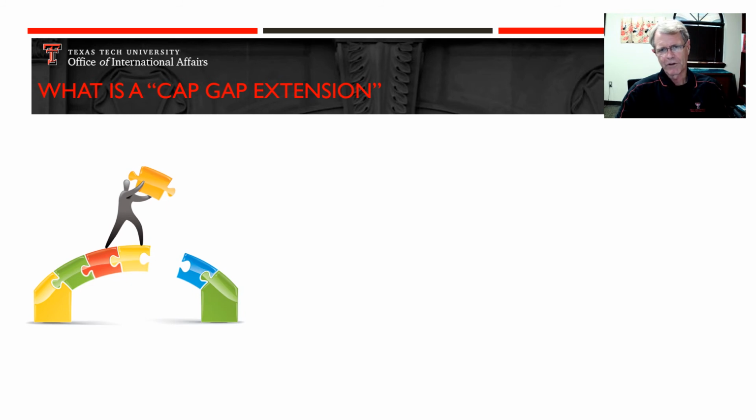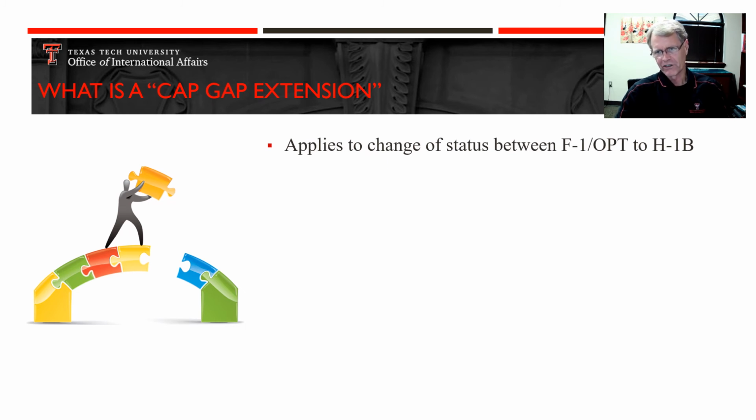In this slide, I will talk to you about what is called cap-gap extension. This applies only to students who are on OPT, who are F1, and want to make the transition from F1 to H1, which is a type of work visa.